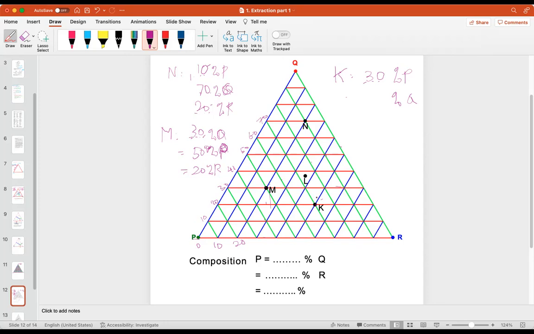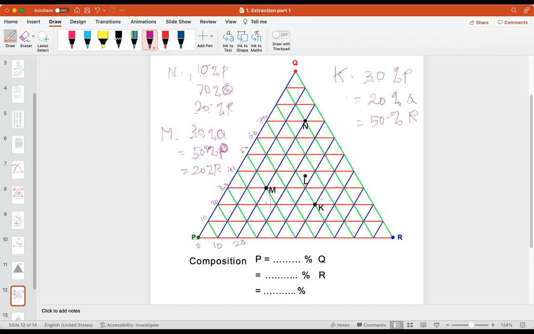So how many percent of the K? 20, miss. Good. And how about the remaining, the R? 50. 100% minus this one, 50. Yes, miss. Okay, excellent.